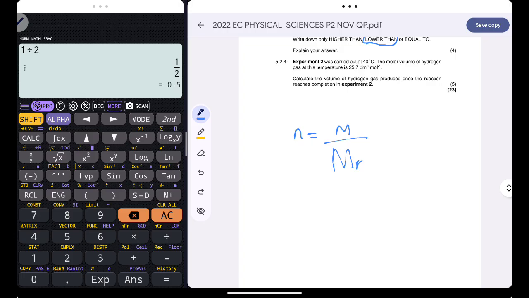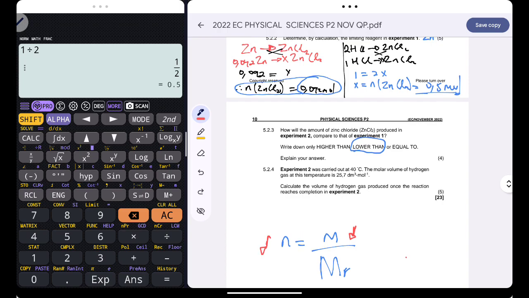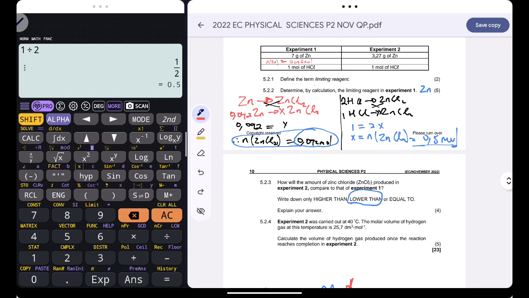But please note, guys, that if I decrease my mass, I'll also decrease the number of moles. Are you together? So remember that initially I had 0.092 moles of zinc, and it gave me 0.092 moles of zinc chloride. This time around, the number of moles will be lesser, guys.